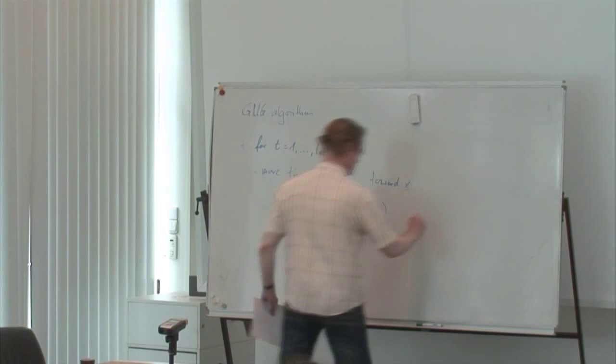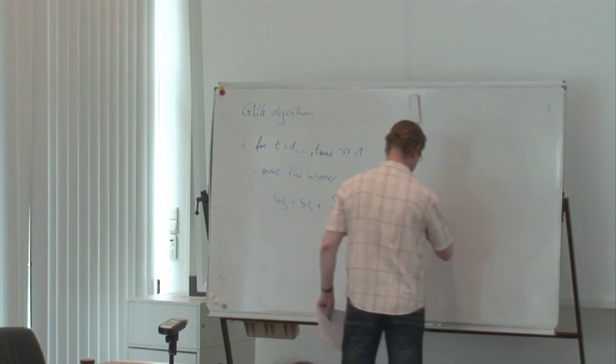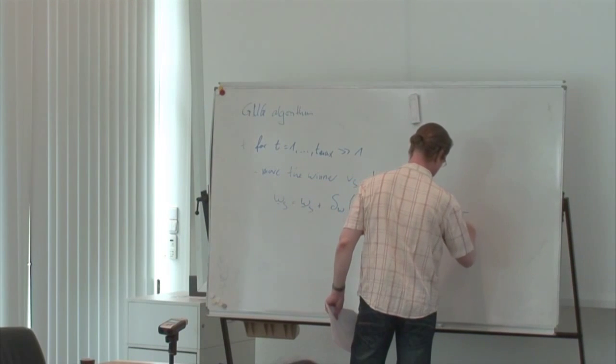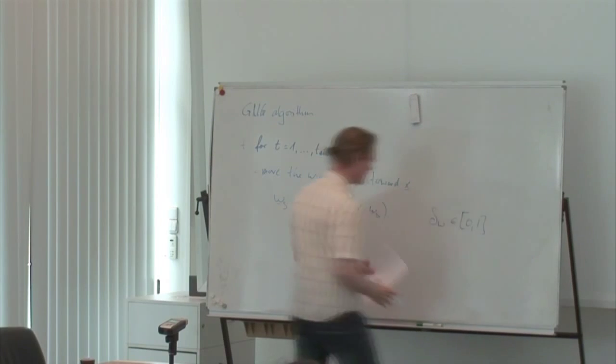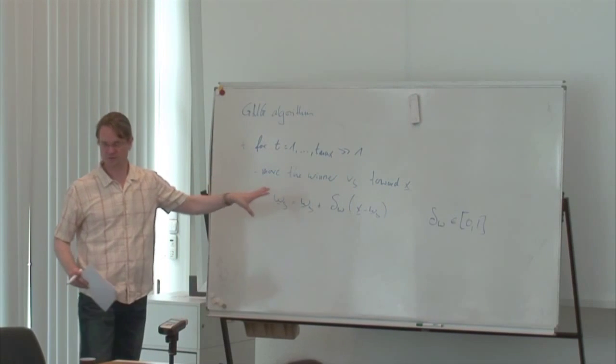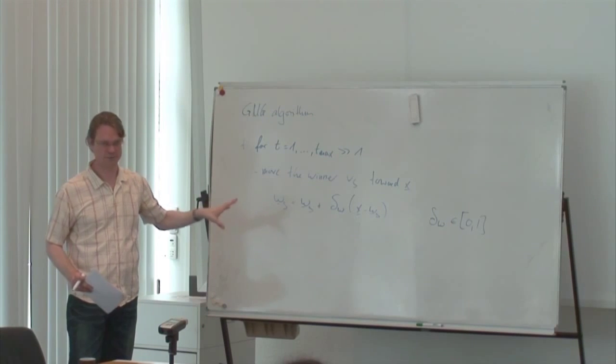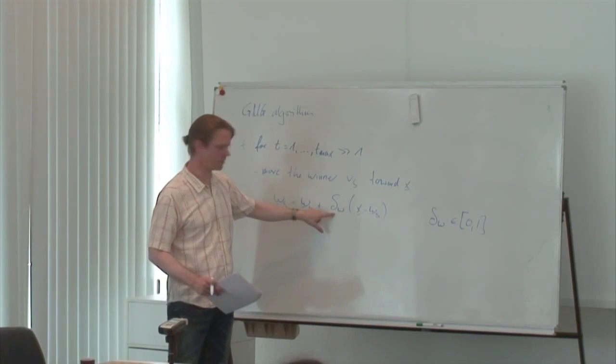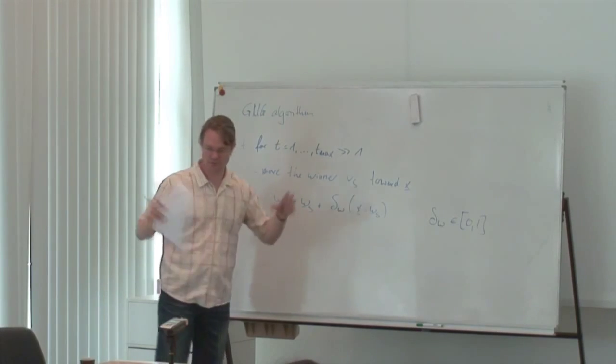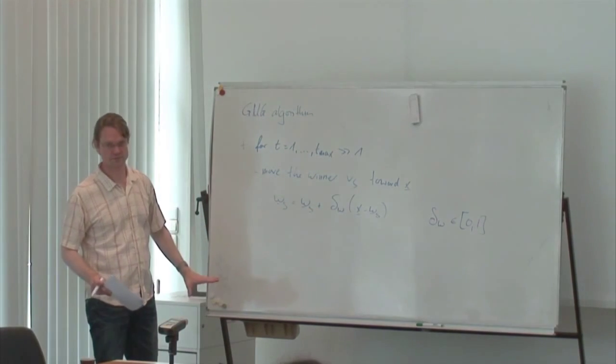Right, and of course this constant delta W is again a number between 0 and 1. Interestingly, it does not depend on time this time. This is just a constant number which remains the same over all iterations.